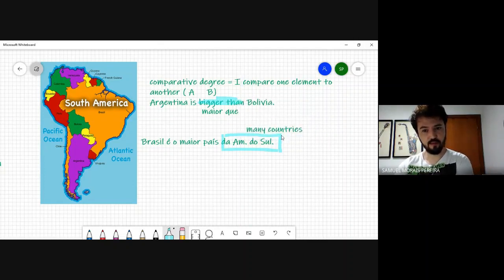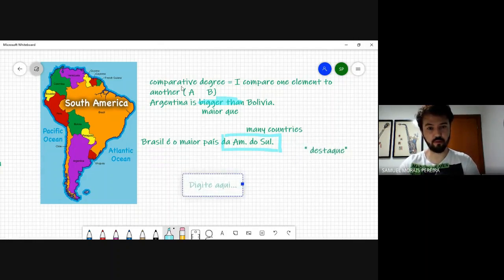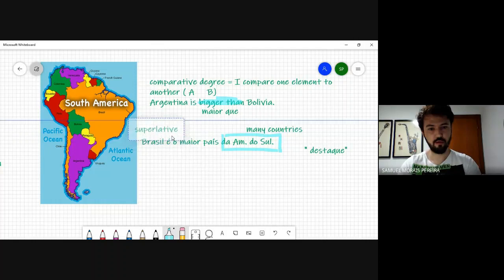E dentre esses vários, o Brasil se destaca. When you have this idea of destaque, vou pôr aqui entre aspas, ó. Quando você tem essa ideia de destaque, de um elemento que, em relação aos demais, ele se destaca, a gente chama isso de superlativo. So pay attention. This is comparative, um com o outro. And this other one here is called the superlative. É o superlativo.